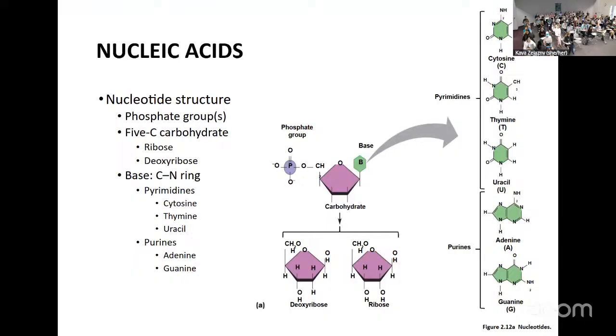Our last group of biomolecules that we're interested in are the nucleic acids. The monomer of a nucleic acid is called a nucleotide, and it goes along with the name. We can see parts of this structure that are familiar. If we're looking at one nucleotide, we can recognize that we actually have a carbohydrate, or a sugar ring, here in the center.